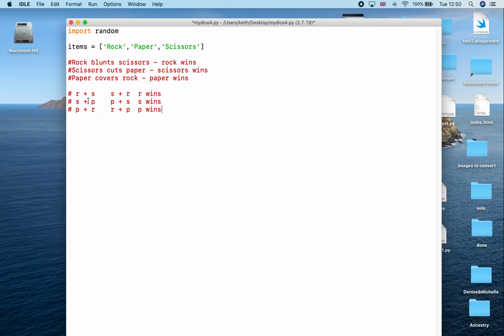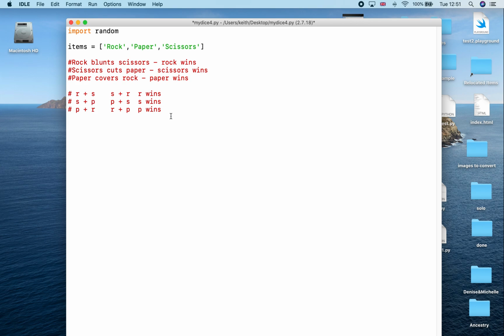Now, mathematically, if I've got 3 items, and I've got 3 ways of doing it, then 3 times 3 gives me 9. So really I should have 9 different outcomes.